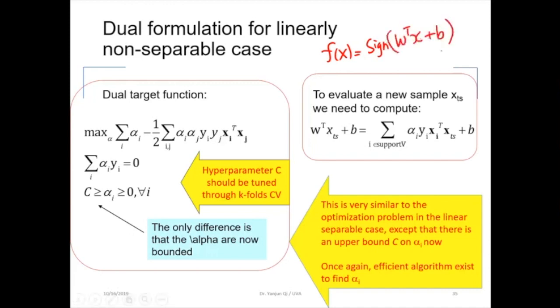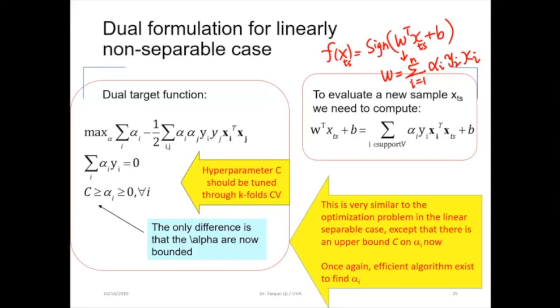This is our SVM decision function. You just substitute W equals the summation from i equals 1 to n of alpha i, yi, xi. And so this is an x test, right? So let me write it as x_ts here. Just substitute the W to here, and you're going to get this.